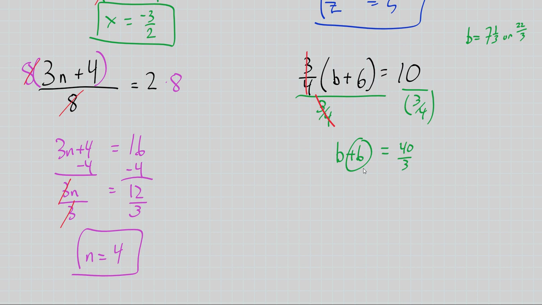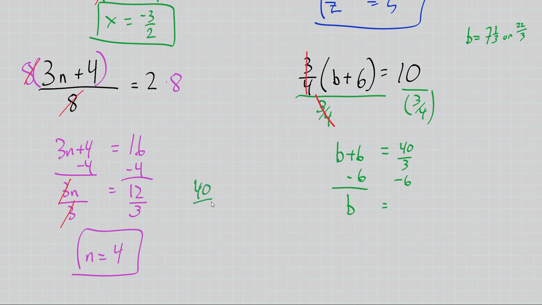Now I just have to get rid of that 6, right? And now I have b all alone. So if I subtract 6 there, subtract 6 there, I could write it out that way or that way, it doesn't matter. B plus 6 minus 6 is just b. And 40/3 minus 6/1, we'd have to find a common denominator, which is going to be 3, obviously.